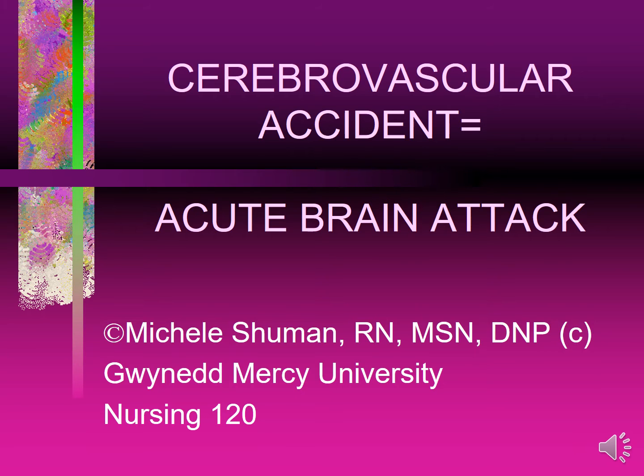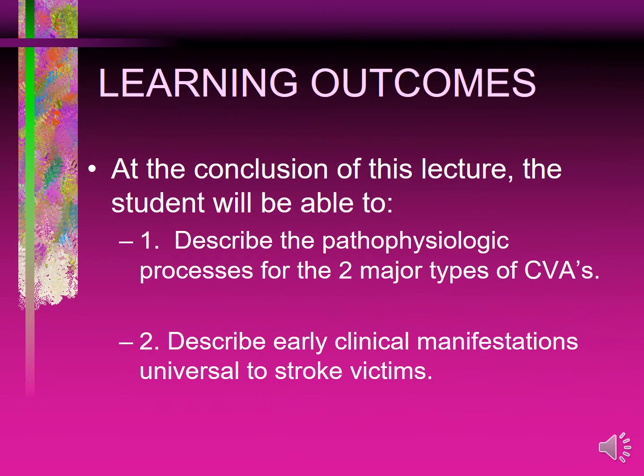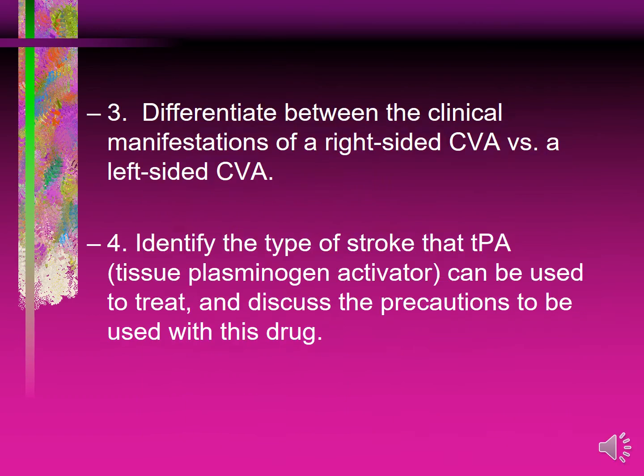So we have some learning outcomes in the lecture today. At the end of the lecture you'll be able to describe the pathophysiologic processes for the two major types of CVAs. You'll be able to describe the early clinical manifestations that are universal to stroke victims. You'll be able to differentiate between the clinical manifestations of a right-sided stroke versus a left-sided CVA.